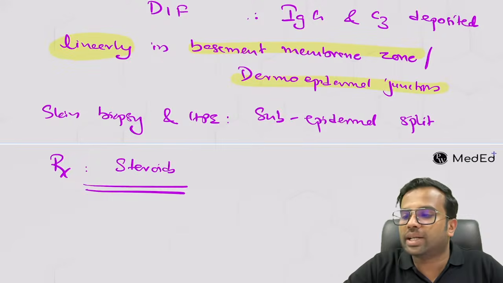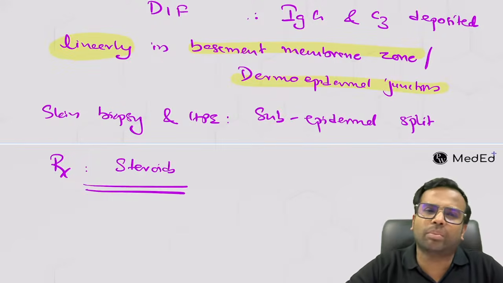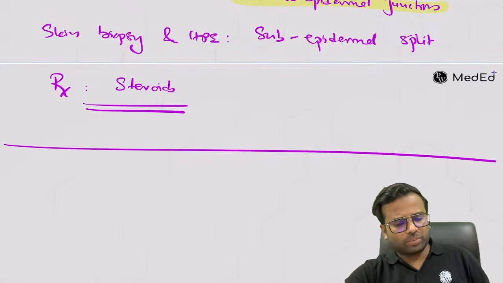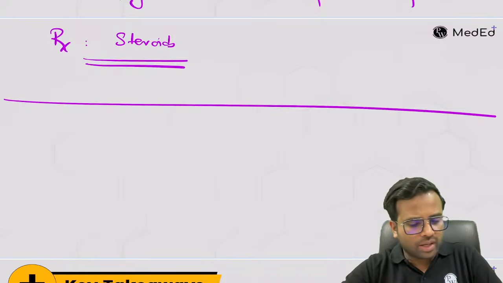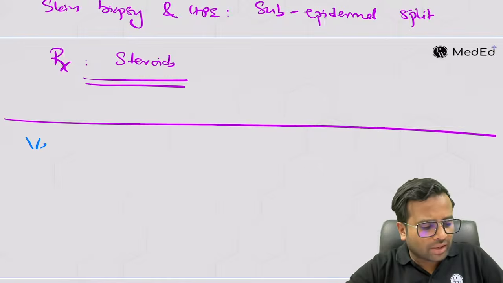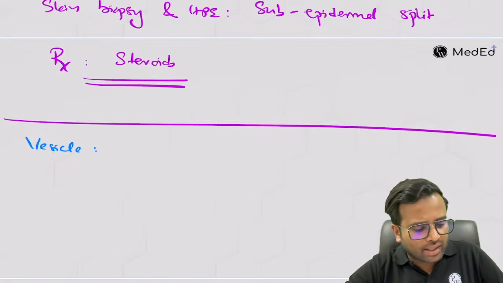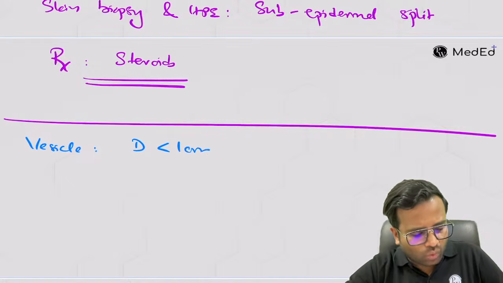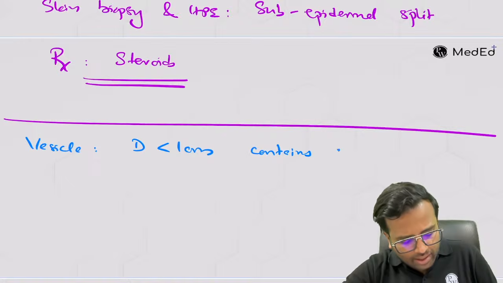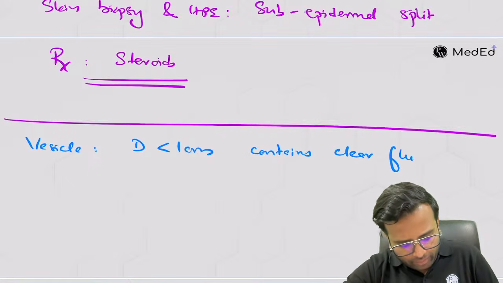How to differentiate acne from a bulla? See, let me just stop this discussion here. What you have to remember is, what is a vesicle? Vesicle means the diameter is less than 1 centimeter and it contains clear fluid.